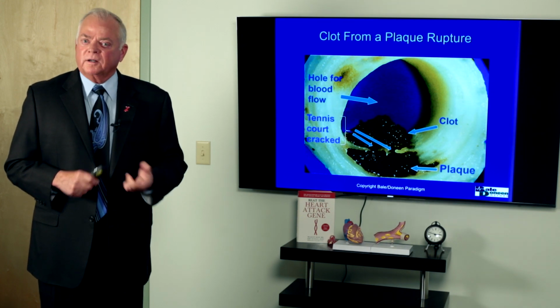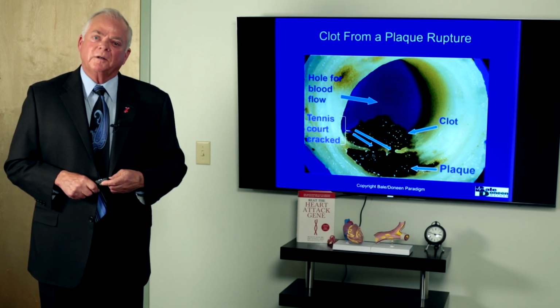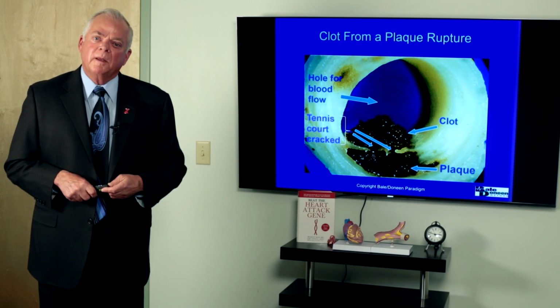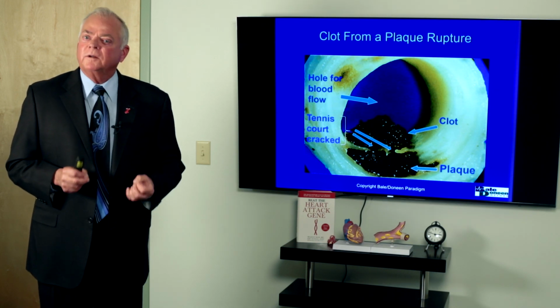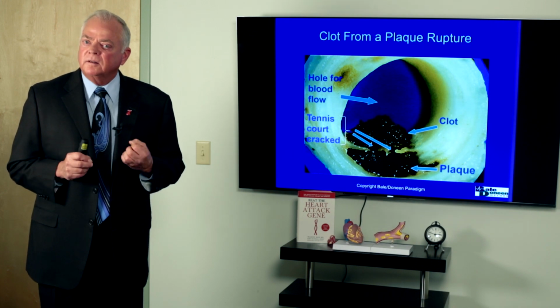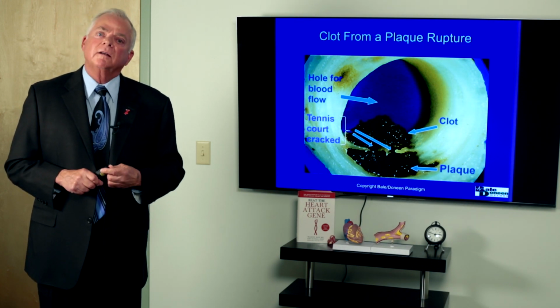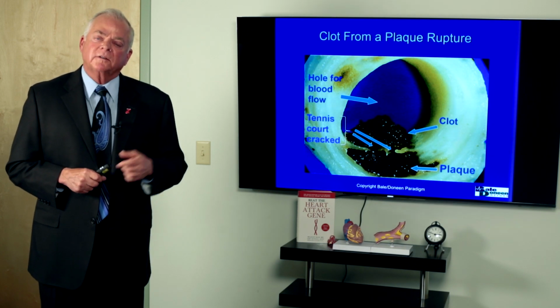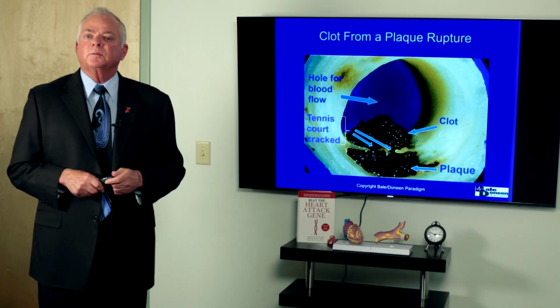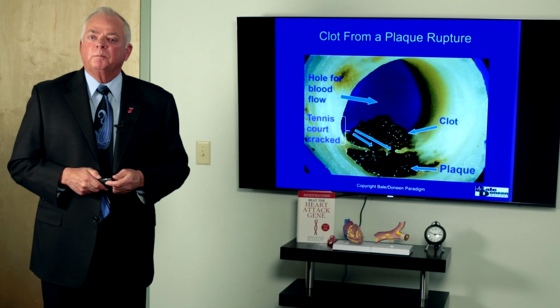You can also clearly see where the cholesterol buildup had been below that tennis court, where the tennis court broke in two places. Then the devastating clot occurred. Again, it was so massive, had so much pressure that it squeezed into the spot where the cholesterol buildup had been.